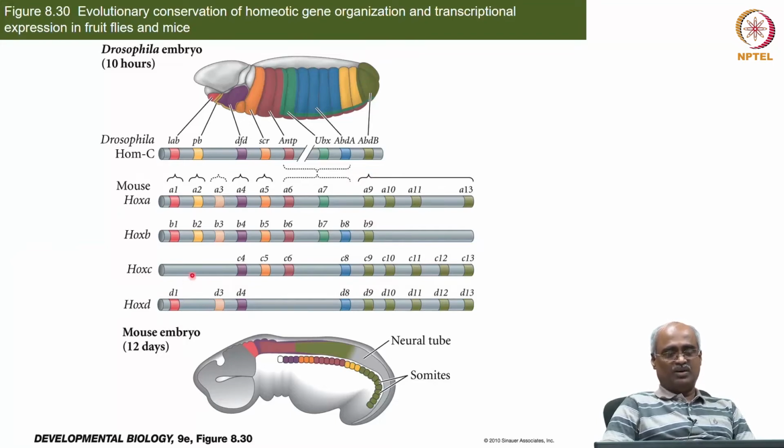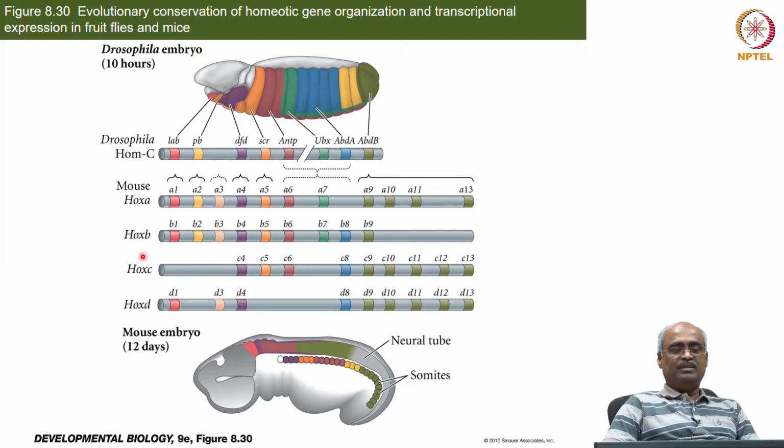For some of them you have 4, some you have 3, and for some you have only 2. Okay, so it depends on the duplication events and the loss of the duplicates during the course of evolution. Yeah, I don't see any with only 1 copy. So for every one of them you have at least 2.